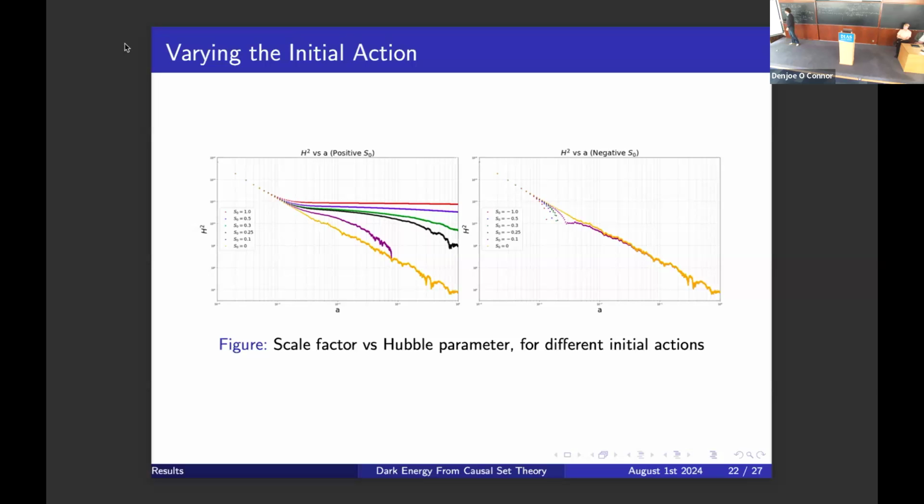So h squared is staying way too high and it's giving results that aren't very good. And then you can see this S initial of 0.01 crashes, whereas if you do negative 0.01, it doesn't crash. And we think that's because going positive with the initial action, you're giving too much of a positive bias.